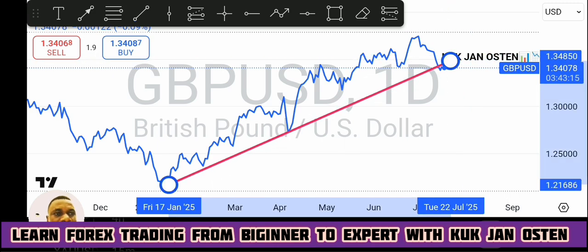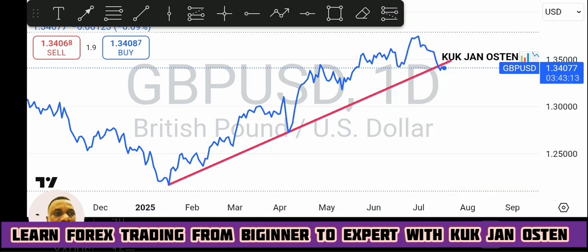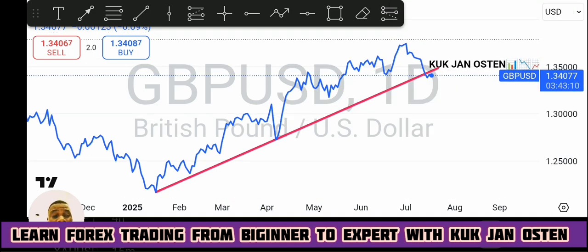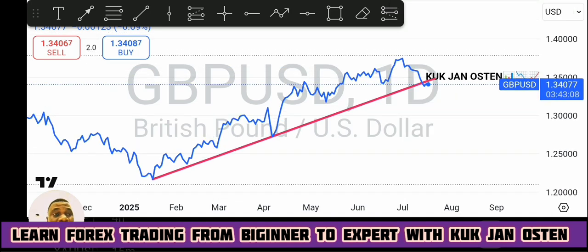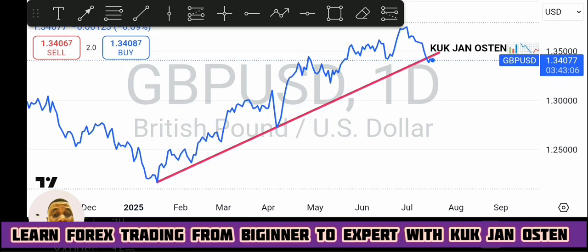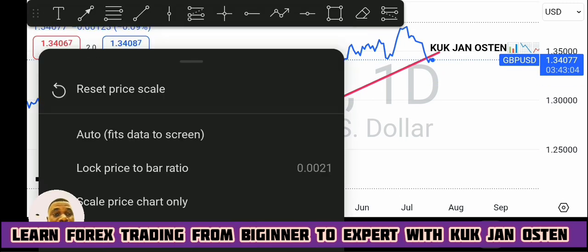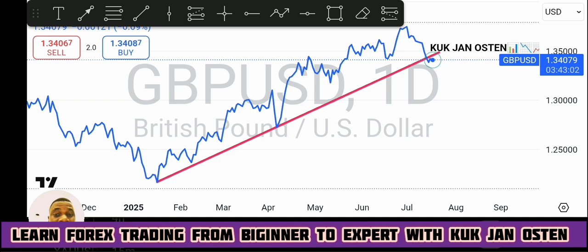Since it's an uptrend, this is a trend line. The trend line shows that it's still an uptrend. So above the trend line, we shall be looking for more buys. Below our trend line, we shall be looking for more sells. When the price sells down until the trend line, touches and bounces off, we shall be looking for more buys.